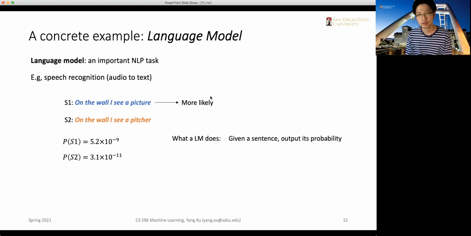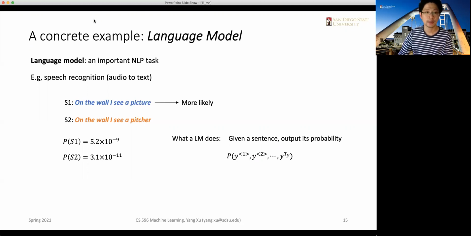So we basically simplify the goal of a language model. Given a sentence, the goal of the language model is to output the probability of the sentence, right? And a sentence can be represented by a sequence of words. Let's use the labels y1, y2, and so on up to y_T.